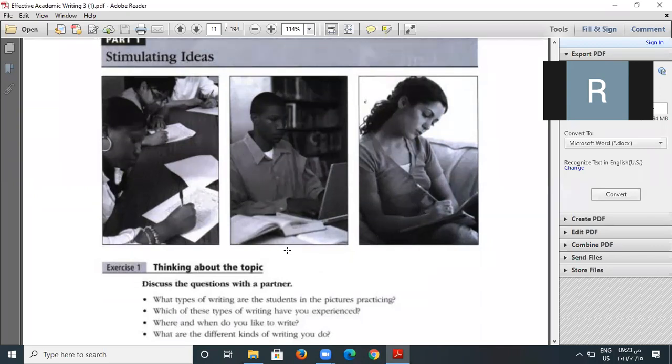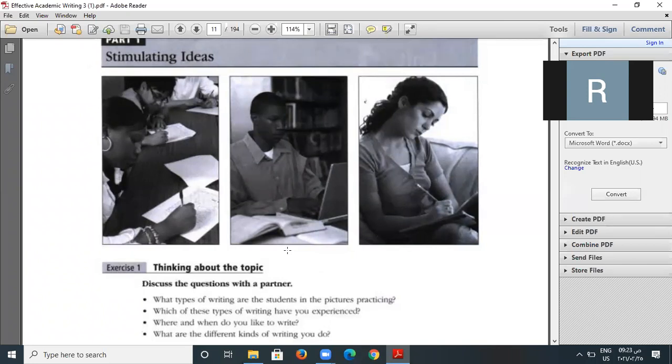I think essay writing. Yes, it could be essay writing. What about picture 2? For the first picture, we can say academic writing, or essay writing.